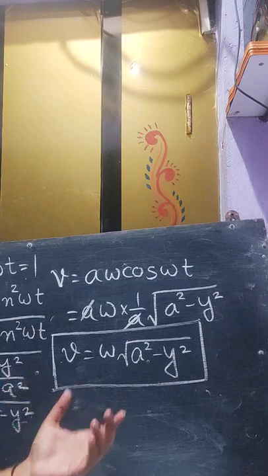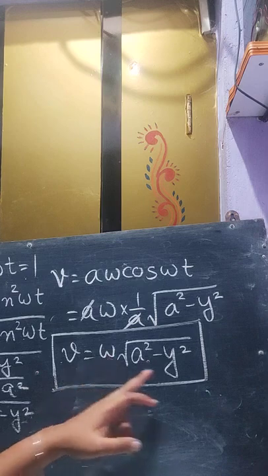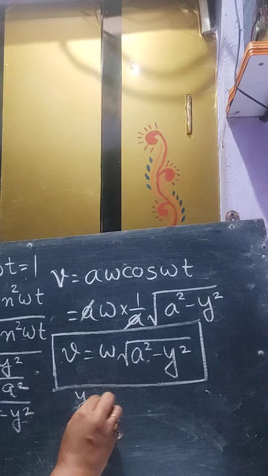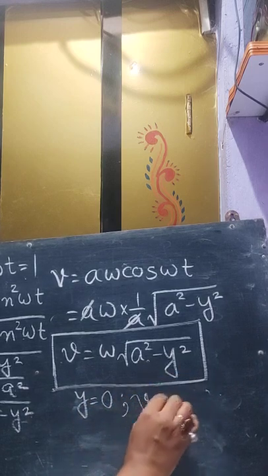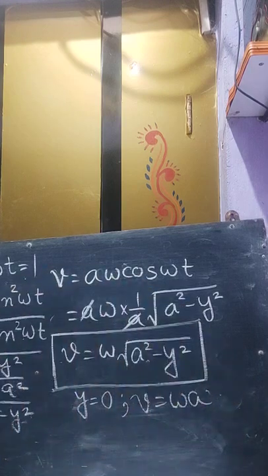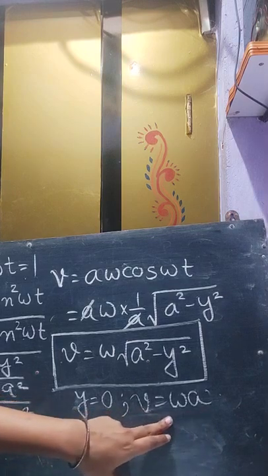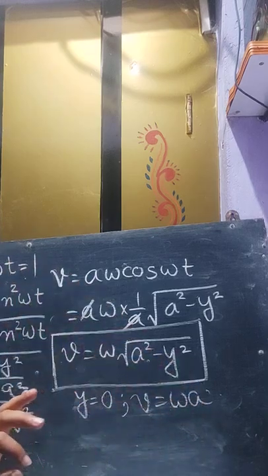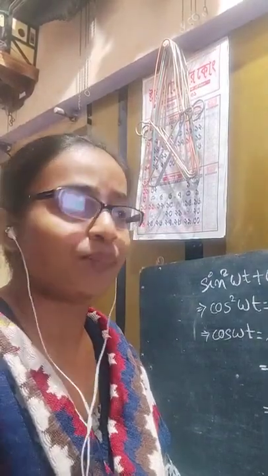Okay. Now, the velocity of the particle in SHM changes with the displacement y of the particle. When the displacement is 0, suppose y equals 0, then what will be the velocity? So, velocity will be omega into a, right? That is the maximum velocity, which means that at the equilibrium position, the velocity will be the maximum for SHM, right?